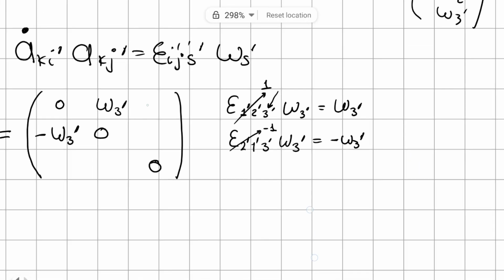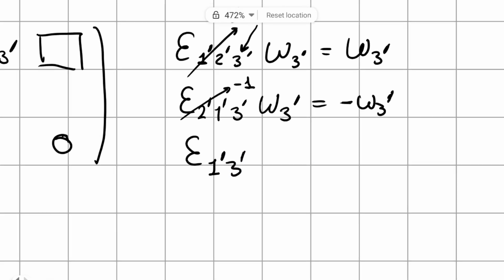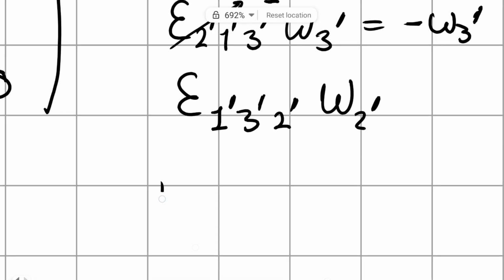So what happens with this term that we have here? Well, we are located in the first row, the third column, so that means that this element needs to be a 2 to be different from 0. Then this will be omega 2 prime, of course. And here, if we have 1, 2, 3, what do we need to do to get to the sequence that we have here? Well, we need to switch these 2 here and these 3 here.